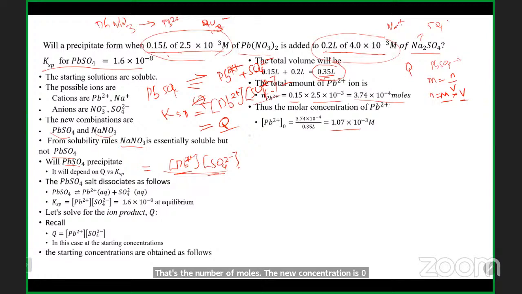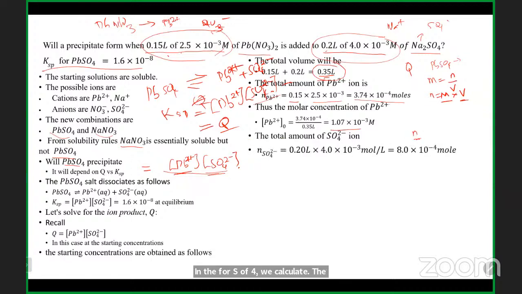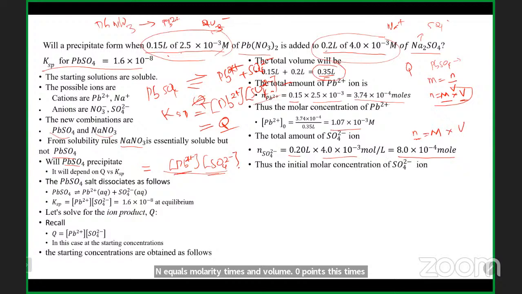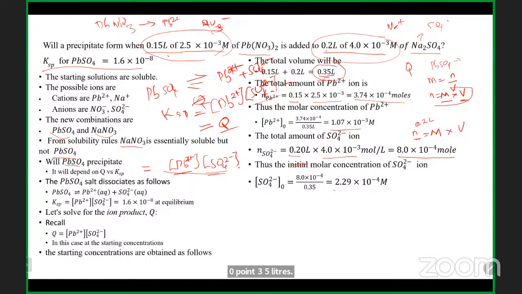In a similar way, for SO4, we calculate the amount that was brought in, using the formula n equals molarity times volume. Its molarity after mixing, going from 0.2 liter to 0.35 liters, is now 2.9 times 10 to the power minus 4.